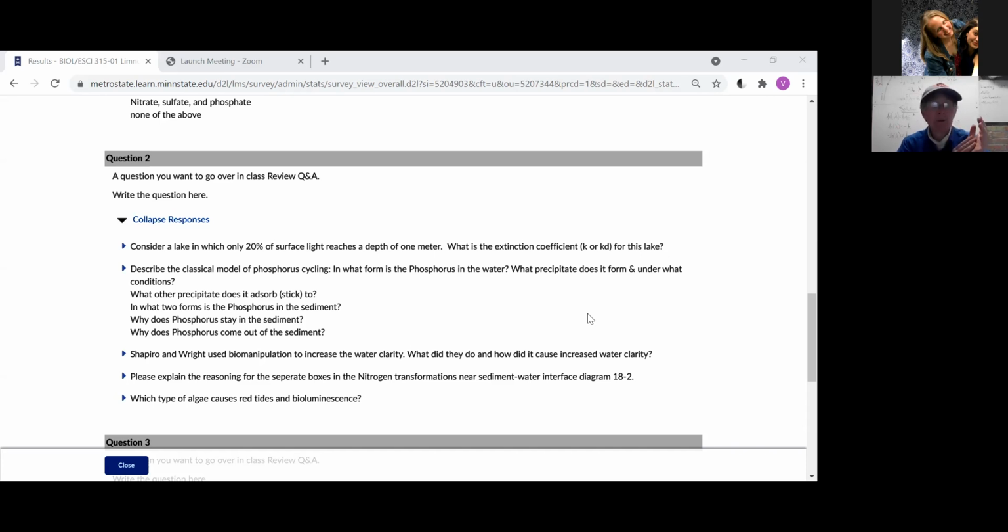And the difference is whether the sediment is oxidized, in which case the iron is in the ferric form and the iron phosphate stays iron phosphate. But if the sediment is a reducing environment, the ferric iron gets reduced to ferrous, in which case it doesn't stick to the phosphorus much at all, and the phosphorus comes out of the sediment. Okay, does that answer that question? Are there any other questions about the phosphorus cycle?